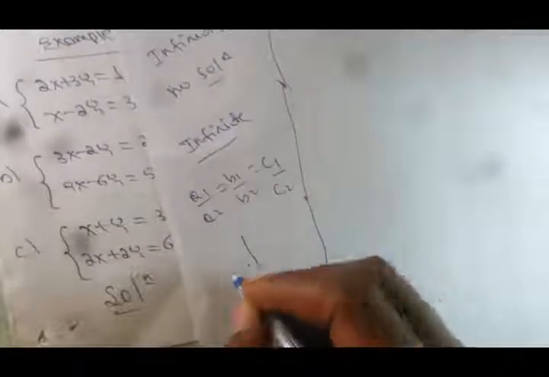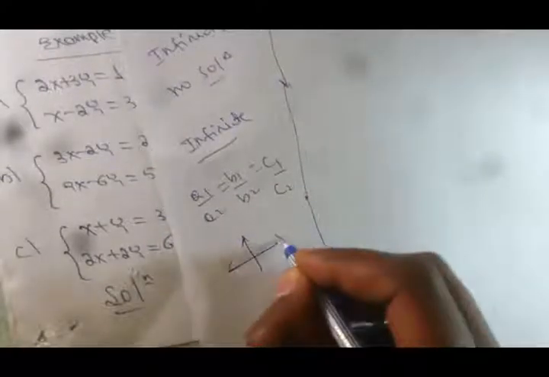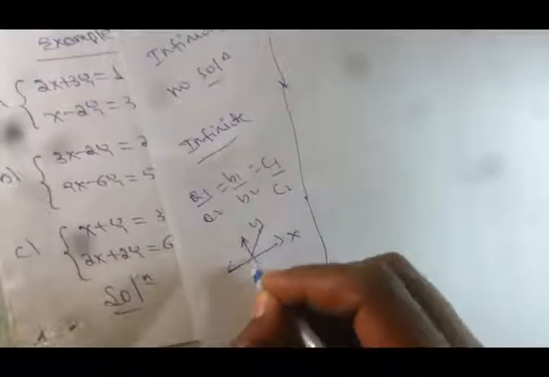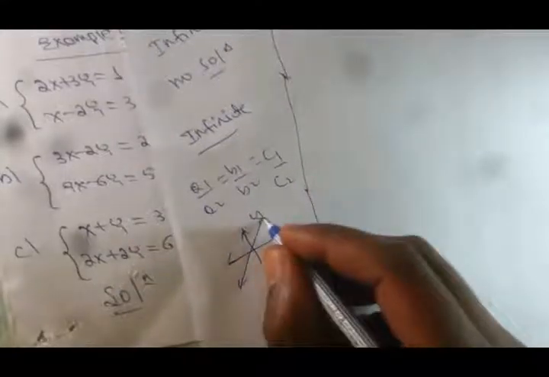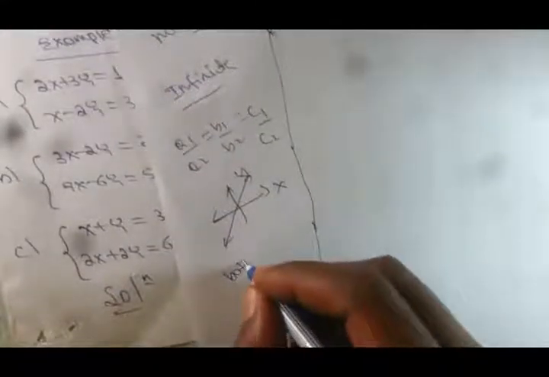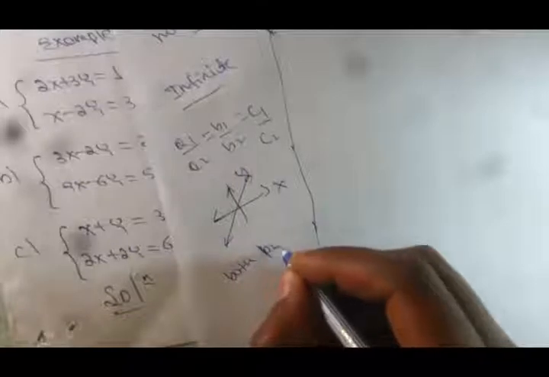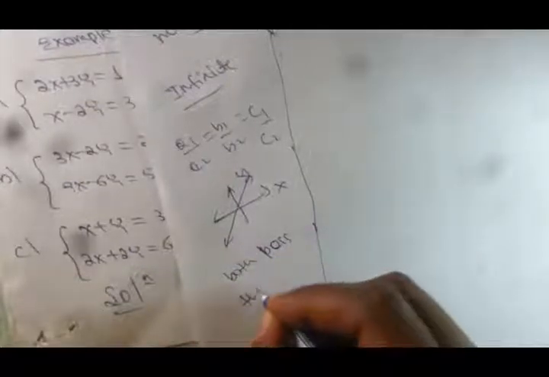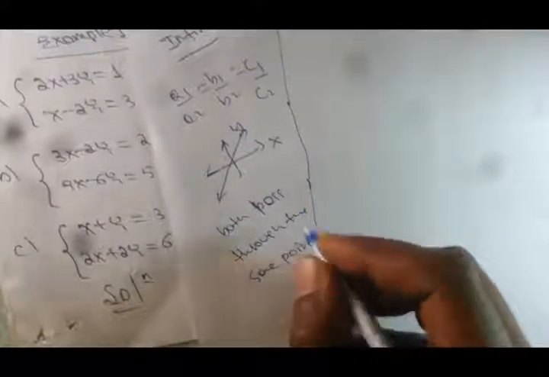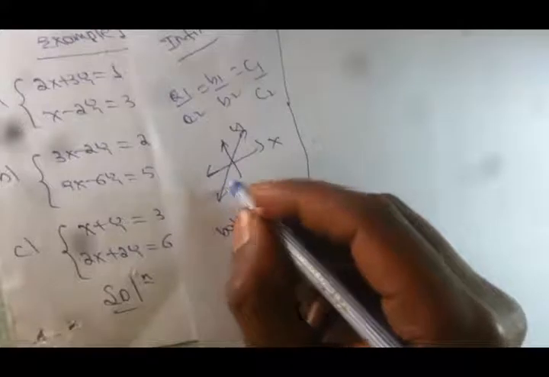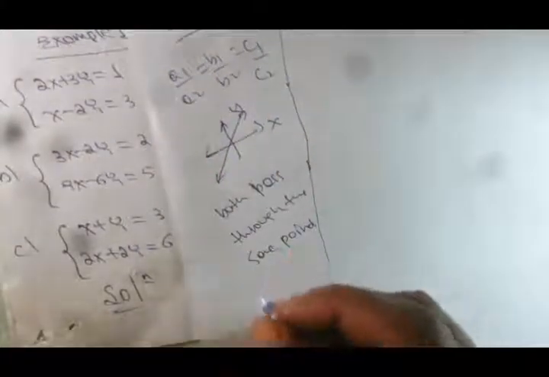When you graph in the xy plane, this is x, this is y. If this is the graph, both pass through the same points, on one another. Equation 1 will pass on equation 2.